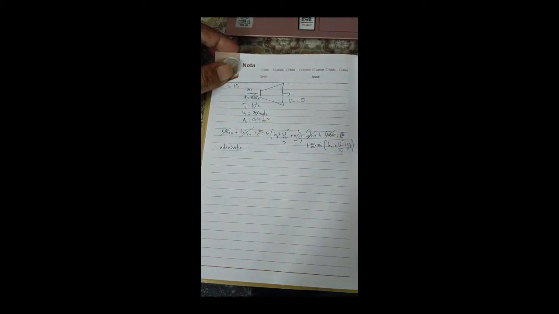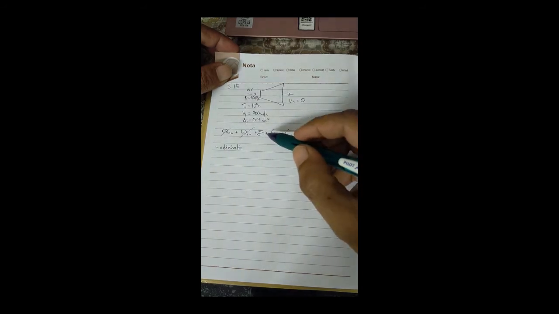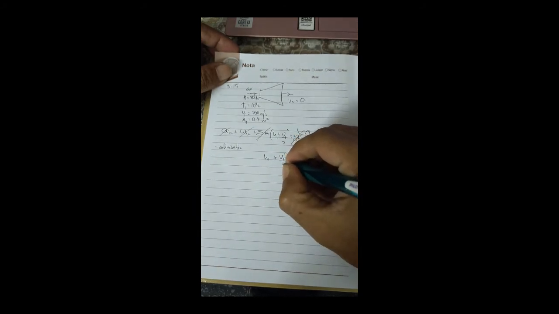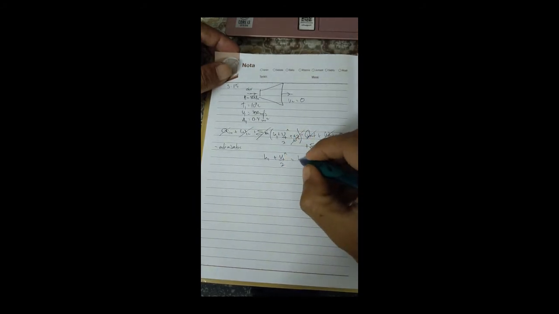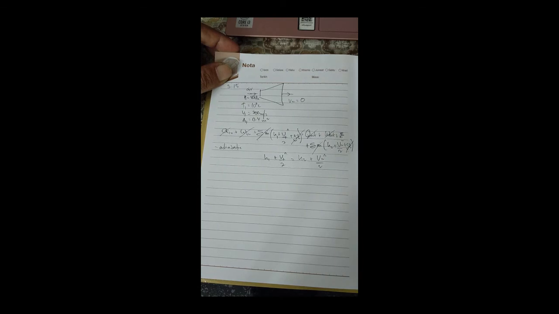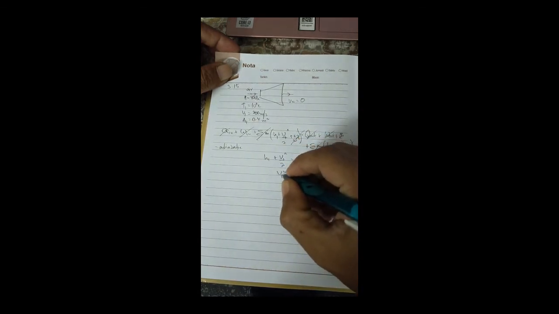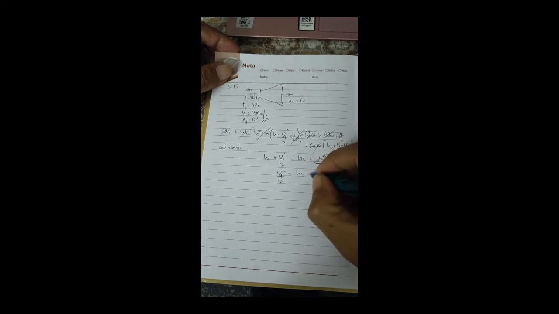We also don't have potential energy, and the mass can be cancelled out, leaving H1 plus V1 squared over 2 equivalent to H2 plus V2 squared over 2. Also your V2 is small, 0. So we have V1 squared over 2 is H2 minus H1. Okay, so this is the general equation.